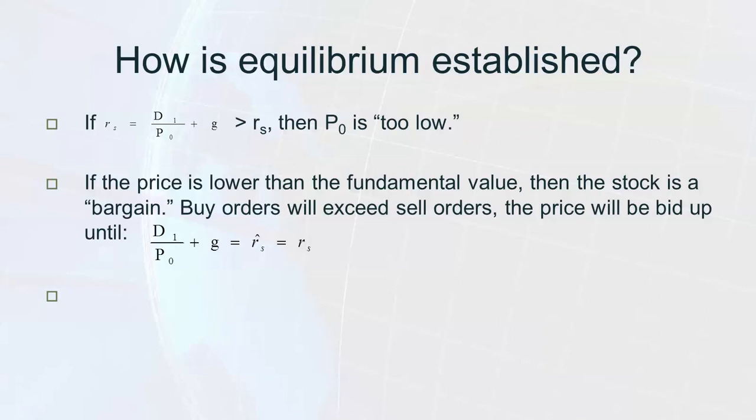So in equilibrium, the fundamental value and the market value are going to be similar. Since the prices are similar, there is no undervalued or overvalued situation. The expected rate of return and the required rate of return on this stock are going to be similar. There is no difference in the price, which means there is no difference in the rate of return on each stock.